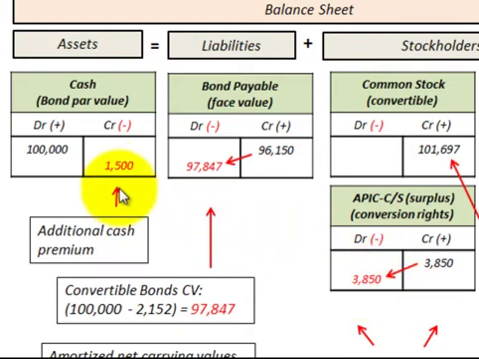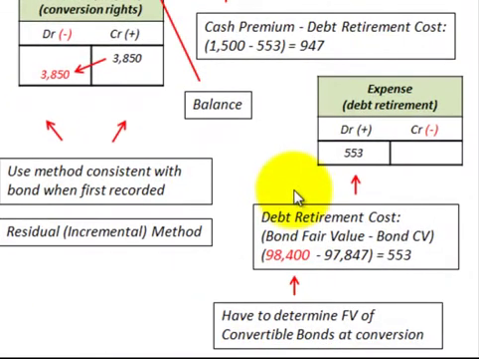Then the next thing we'd have to do is reduce our cash account by the amount of that extra premium we paid to those bondholders. In this case, it was $1,500. So we have to go down here to record an expense for that debt retirement, and that's part of our net income on our income statement.